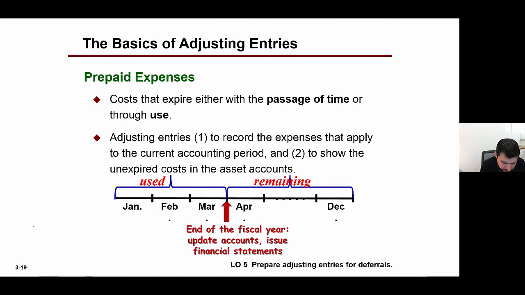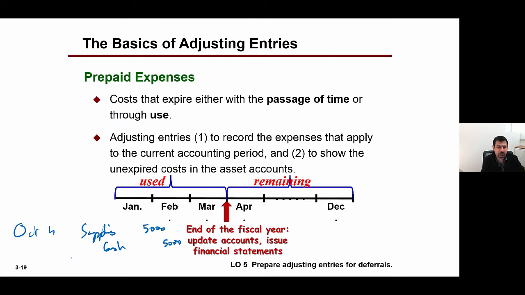So on October 4th, we debited supplies 5,000, we credited cash 5,000. This is the original entry, and the trial balance will show at the end that supplies is 5,000.